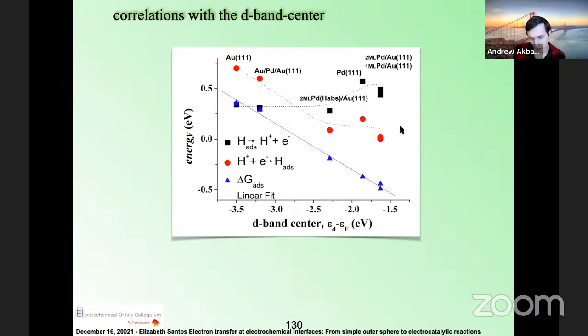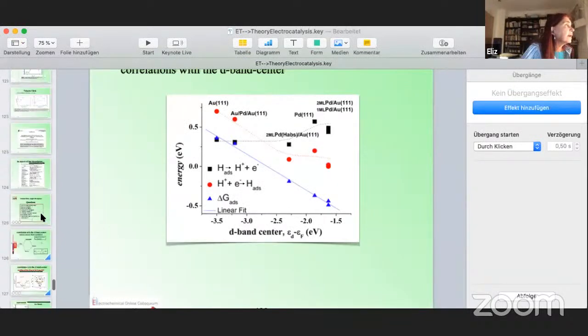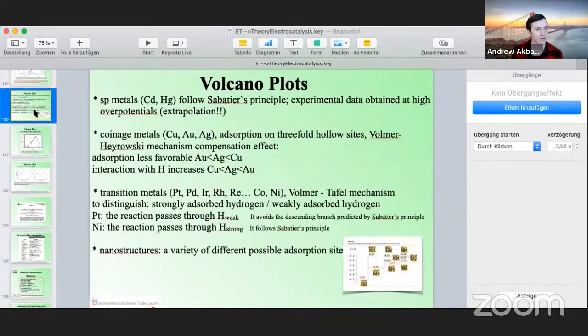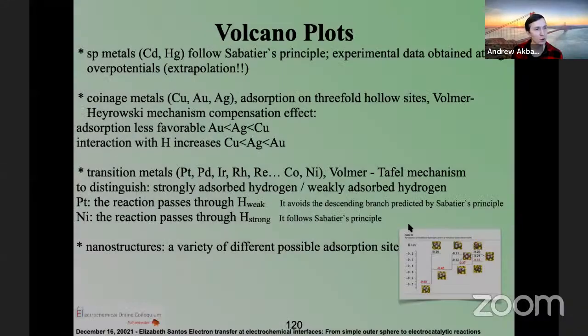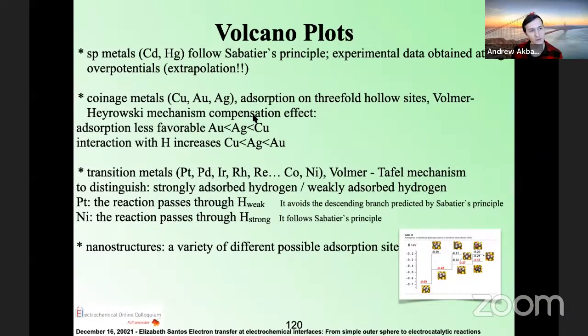And the second question that I have is related to slide 120. I think you were discussing the adsorption and interaction parameters. Which slide? 120. This one? Yes. So you say for the coinage metals, the last two sentences are that the adsorption is less favorable, but the interaction with hydrogen increases.